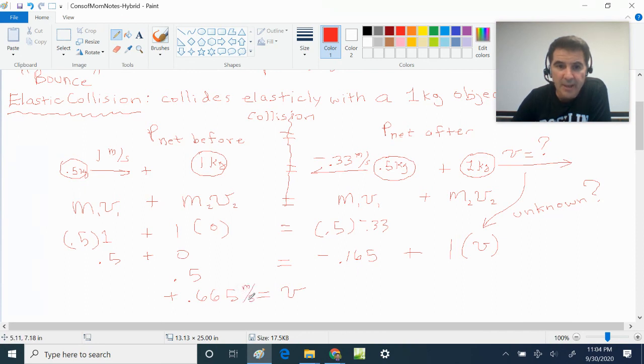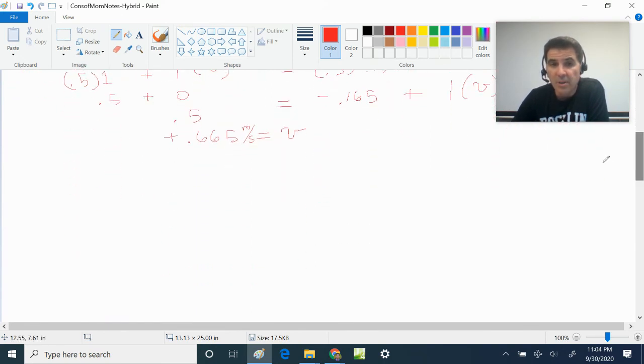So let's go back to the other page and see if we have these 2 items. What we should have at the beginning is 0.5 times 1, that's m1 v1, plus 1 times 0, that's the second object's mv.